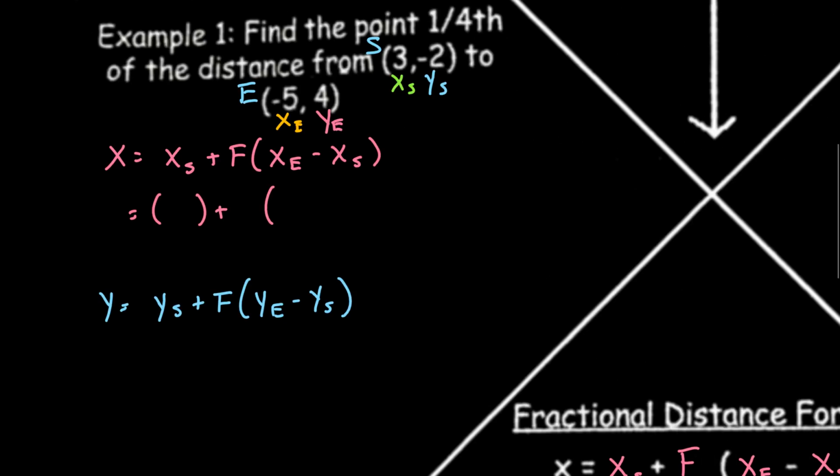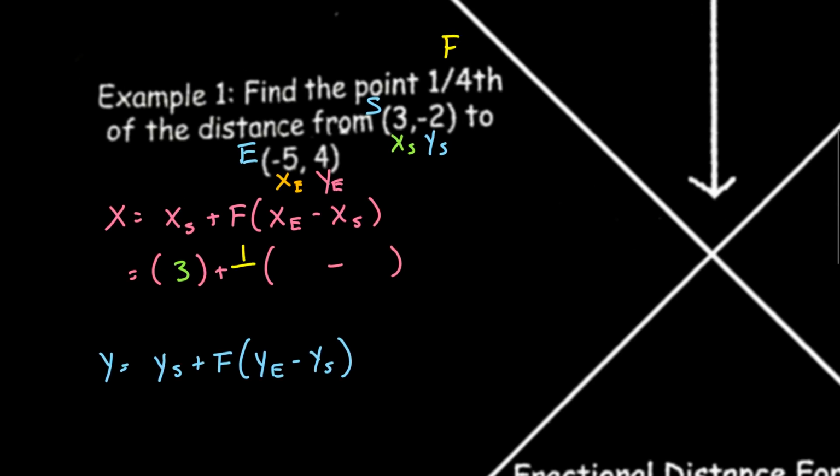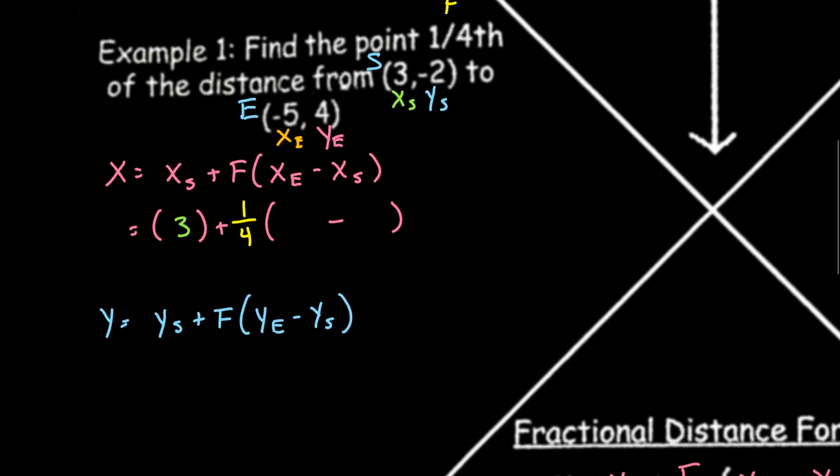X at the start. So what is our x at the start? 3. What is our fraction? 1/4. So we're going to put 1/4 here. What is our x at the end? -5. And what is x at the start? 3. Yes. What if it was a -3?